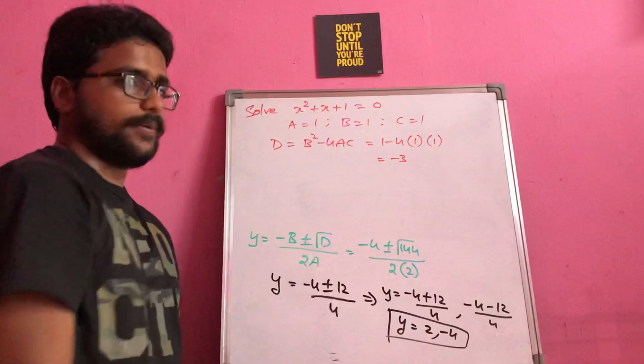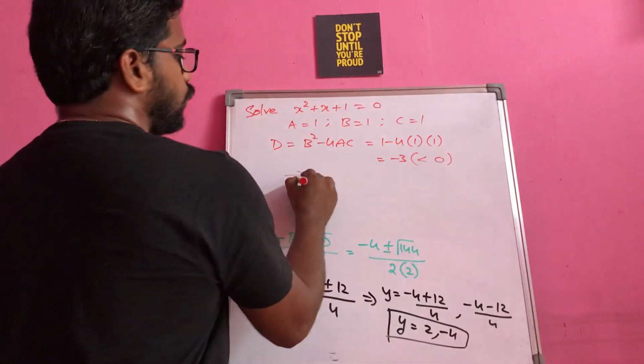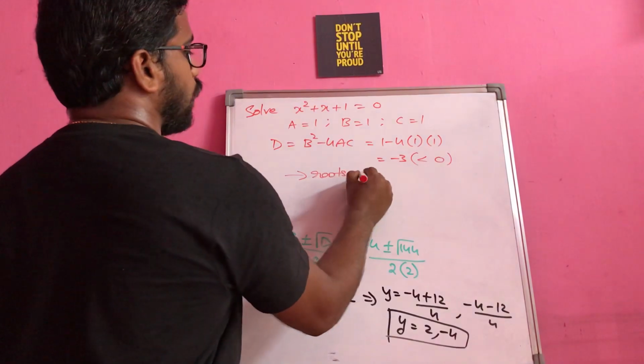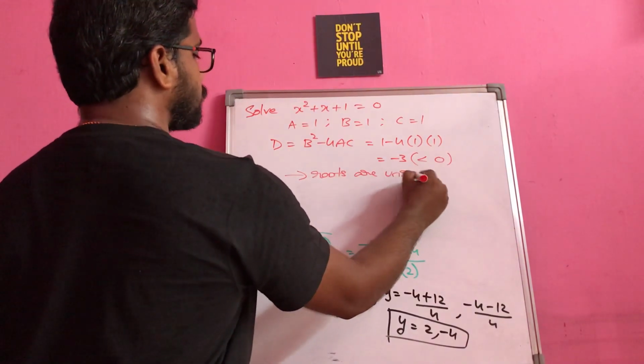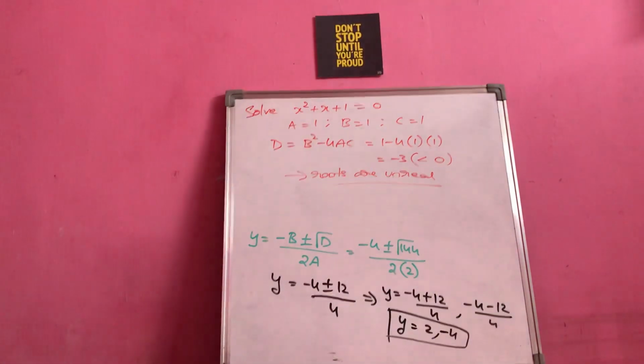that is minus 3. So clearly this minus 3 is less than 0, which means roots are unreal. So if you straight away go for the formula, what actually will happen? Unnecessarily you are doing a lot of work there. But if you first find the discriminant, this itself will give you information: really, do you have to proceed further or not? You can just observe here.